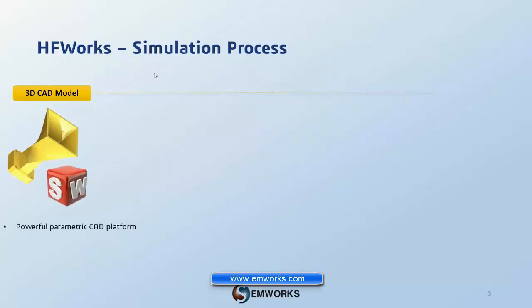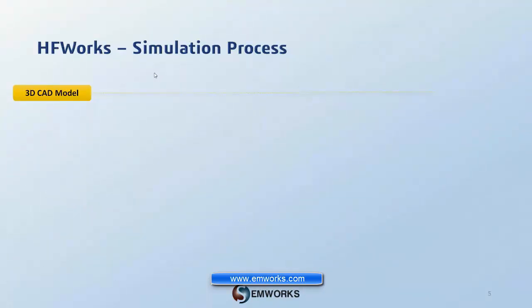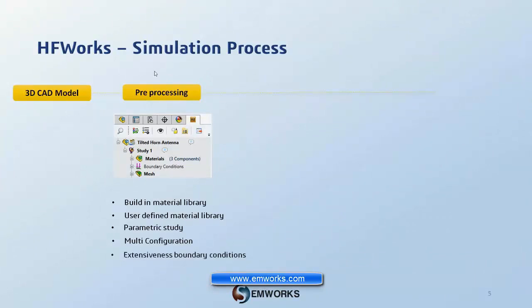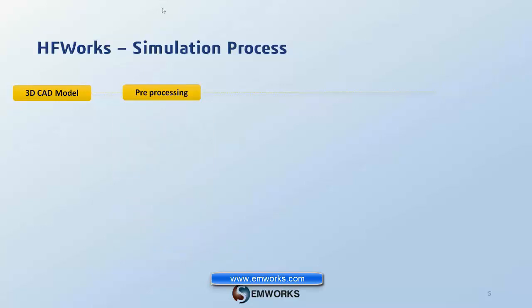Second, we have to define the pre-processing steps. It means assigning the material to each body using HFWorks materials, or the user can also create his own library. Also, we can do a parametric study or multi-configuration study to play with the geometry.